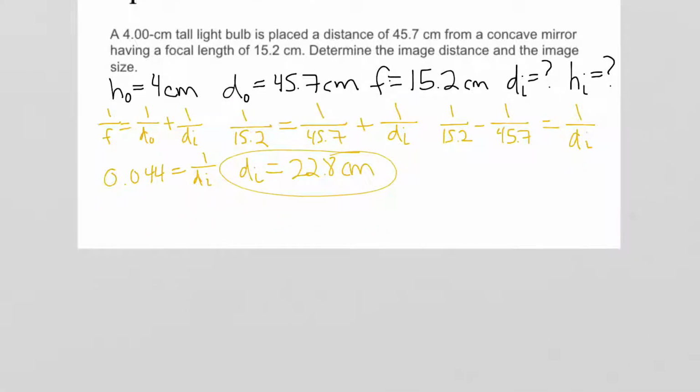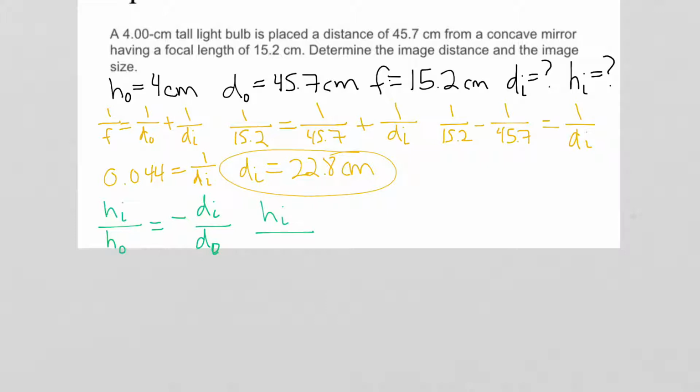Now if I want to do image size, I can use the magnification equation, right? Height of the image to height of the object is the opposite of image distance to object distance. And I have all but one of those values, right?